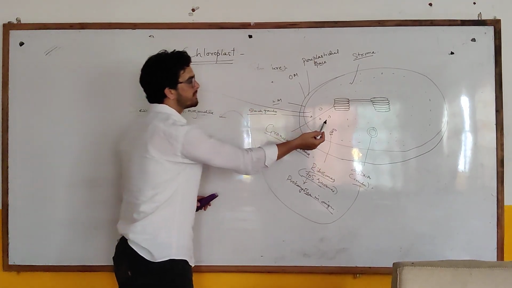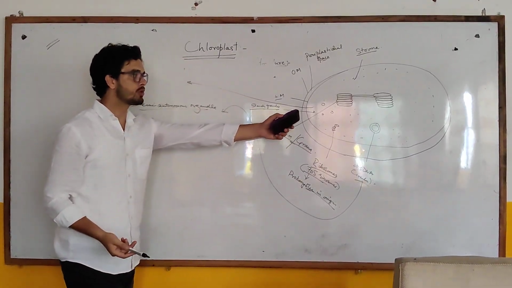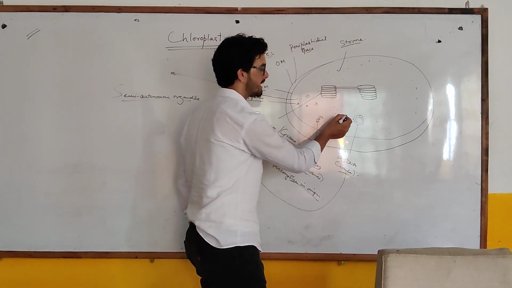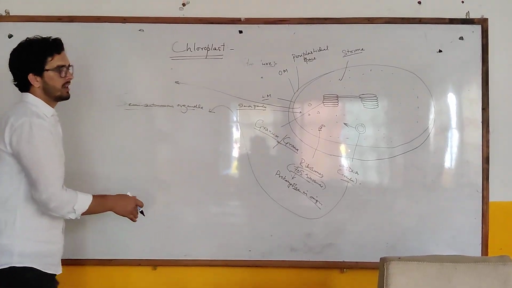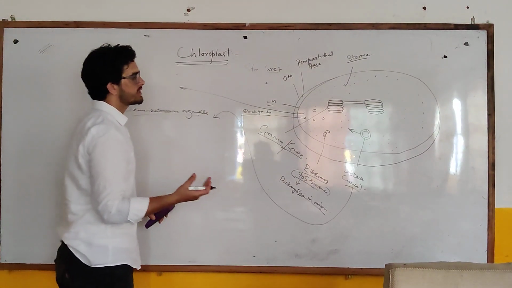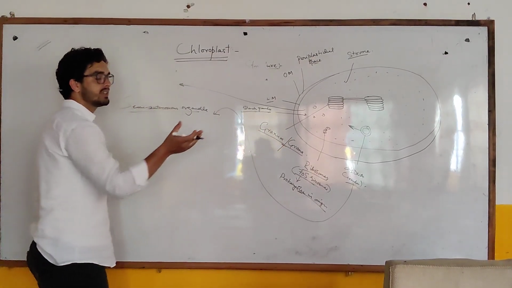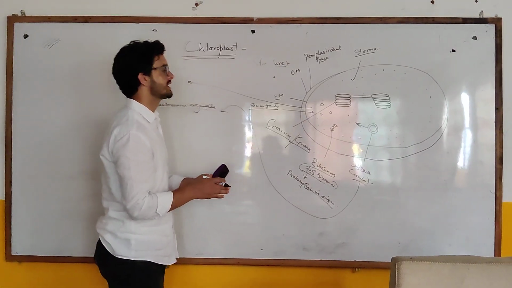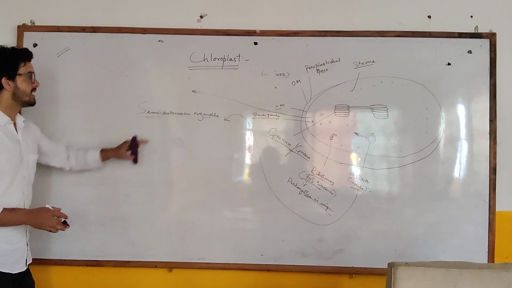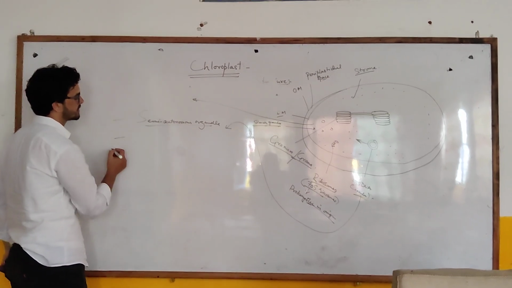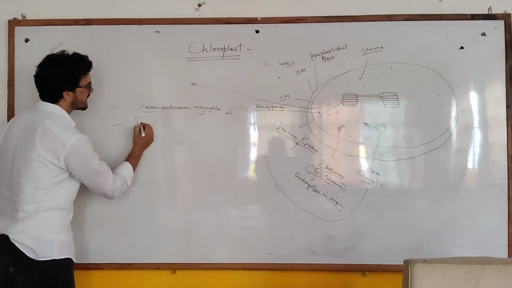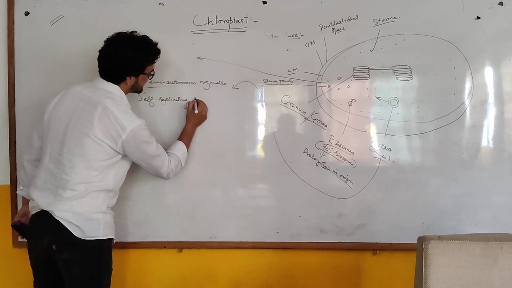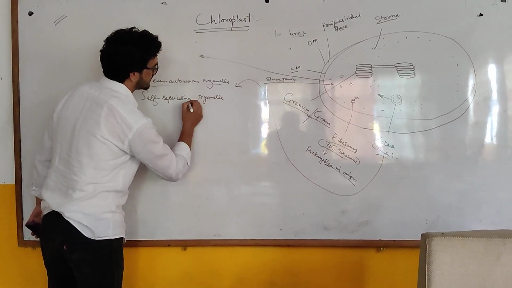A few of the proteins required by this chloroplast are synthesized by the chloroplast DNA by itself for its functioning, although the majority of the proteins come from the nucleus. However, since the chloroplast synthesizes its own proteins for its own functioning, it is said to be semi-autonomous, and it is also a self-replicating organelle.